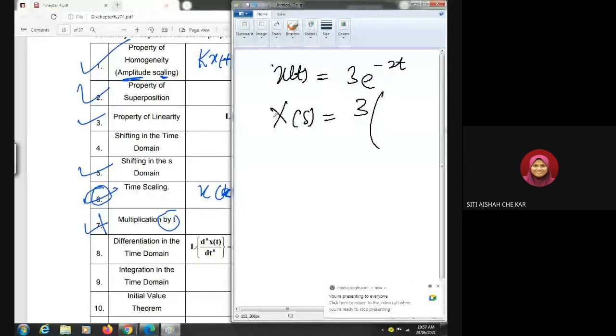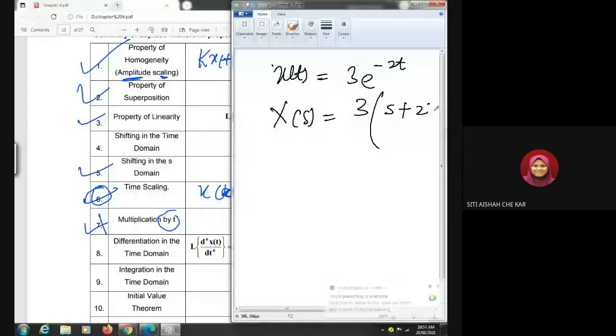No. There's only a small thing to correct. 1 over s plus 2. Yes, good. Okay, so 3 times 1 over s plus 2.